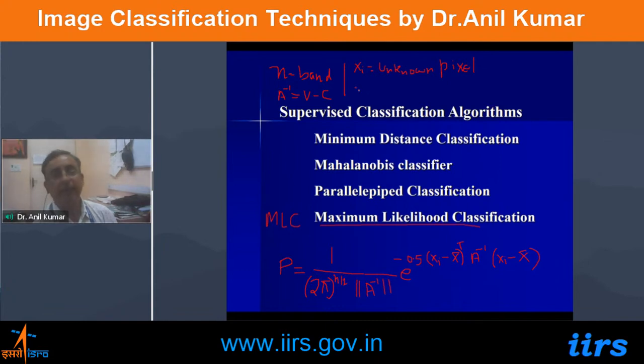And x bar is the mean. So here P is the probability.